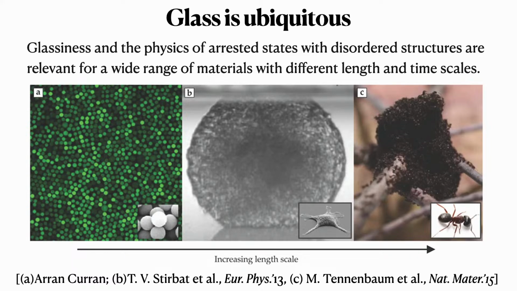And in the C panel we have a colony of ants, arranged in a disordered fashion. So the point is that glass is ubiquitous, and its properties can be extended to a variety of systems.